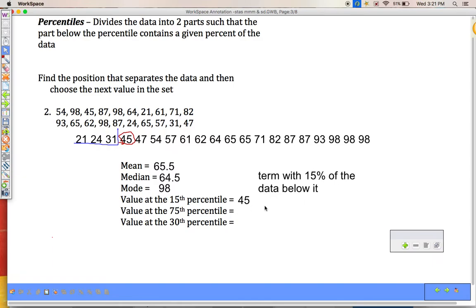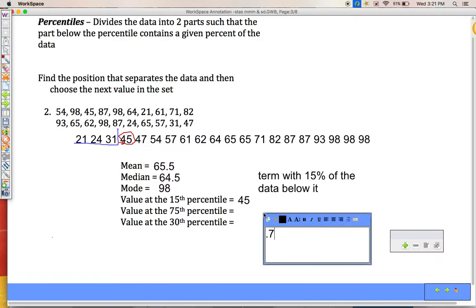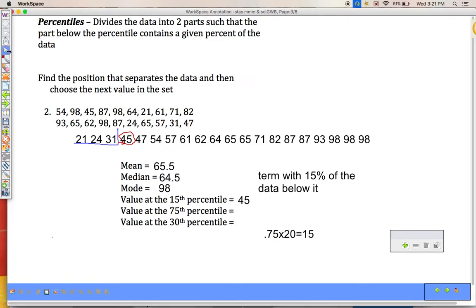All right, 75th percentile. For this one, I'm going to do 0.75 times my 20 terms, which is going to equal 15. All right, that's my math I'm going to do. So the 75th percentile is the term that has 75% of the data below it, which is 15 terms.